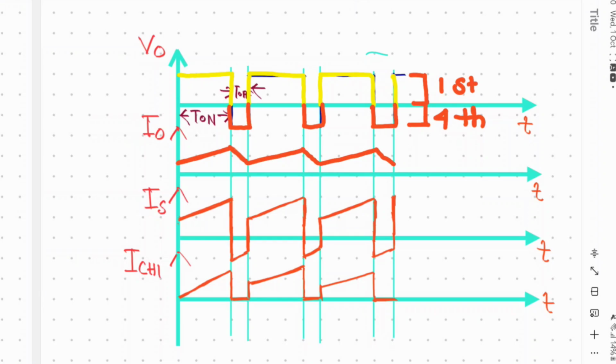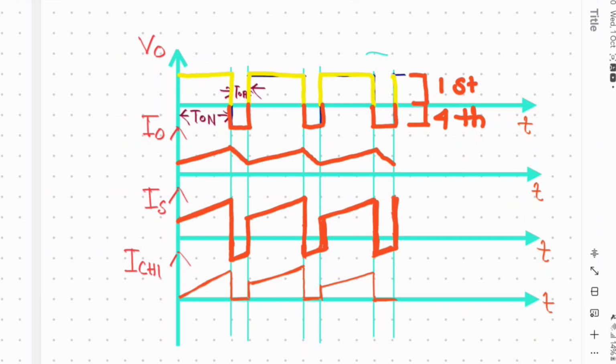Now the supply current initially gradually increases, and after that it goes down to a negative value. Again it will increase slowly. So this is the supply current of class D chopper.